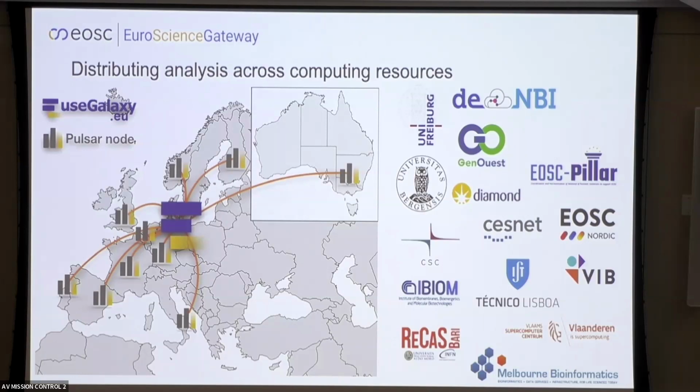To do that, each of the institutes set up their own Pulsar endpoint, and all of these Pulsar endpoints were registered in Use Galaxy EU, and are all usable and accessible from there. So that's something we call the Pulsar network, and of course there are Pulsars in Australia as well, and of course in the US as well.